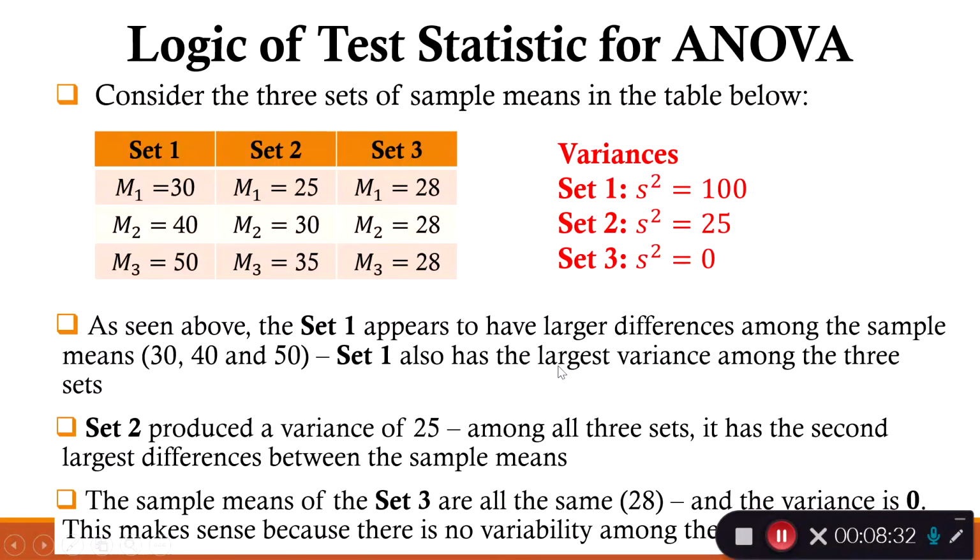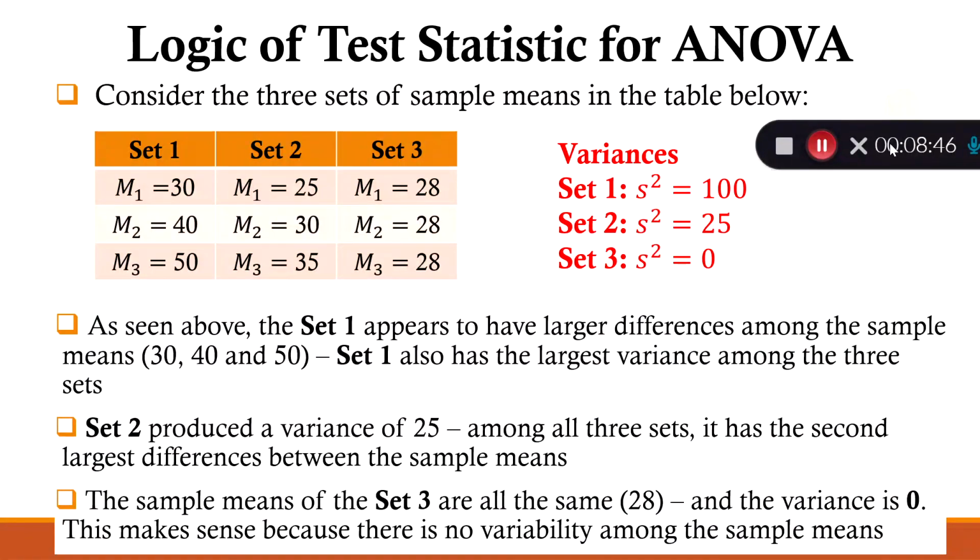Set 1 also has the largest variance among the three sets, which is obvious because the numbers are farther apart. Set 2 produces a variance of 25. Among all three sets, it has the second largest differences in means, which is true. And the sample means of set 3 are all the same, so we have 28 for all of them, and the variance is 0. This makes sense because there is no variability among the sample means.